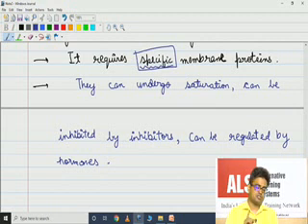Now we have finished transport. Sorry, osmosis we have to do now. Up till now, whatever substances we are transporting are basically solutes or ions.